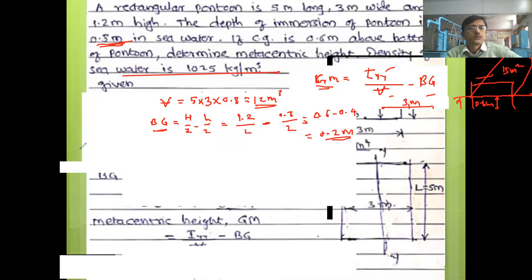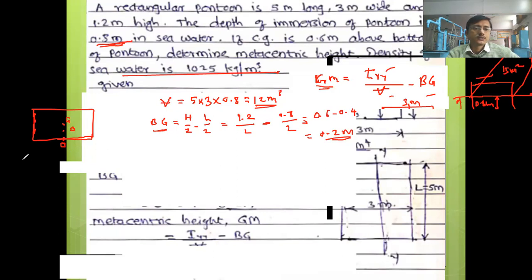If you want to know it once again, I will repeat how that formula has come. See, this is the position of Z and this is the position of B, and let us say the point O is on the bottom of the object, right?